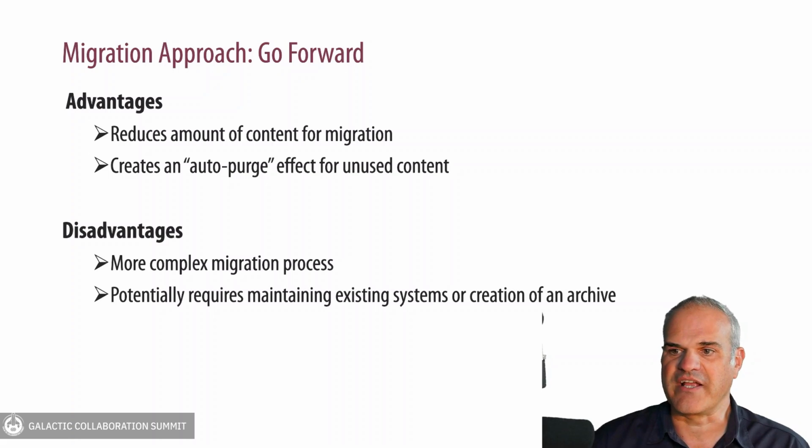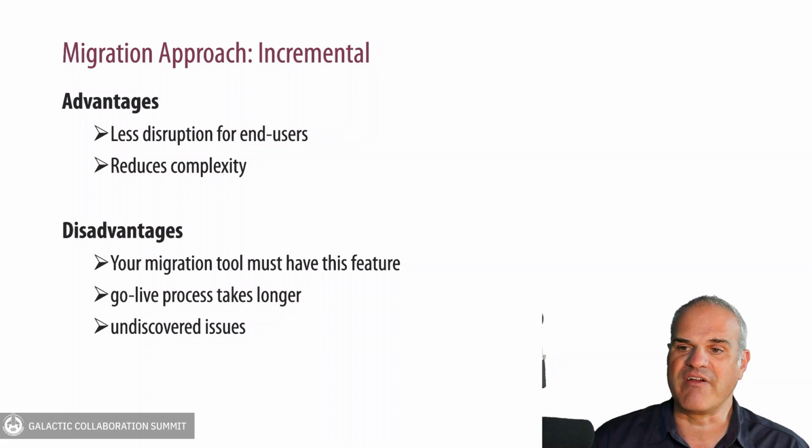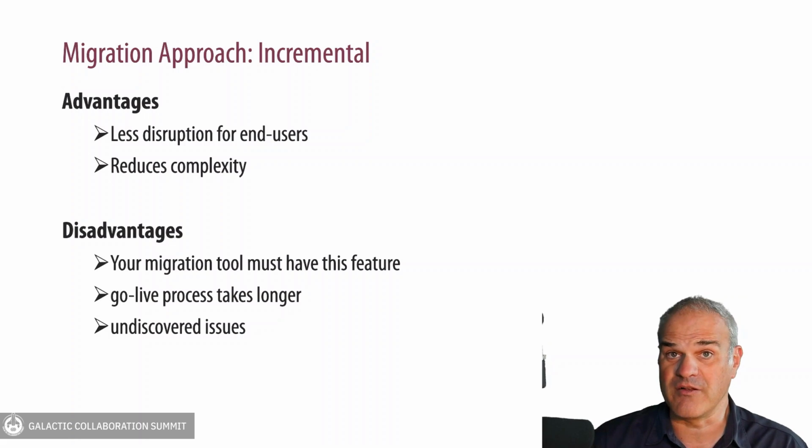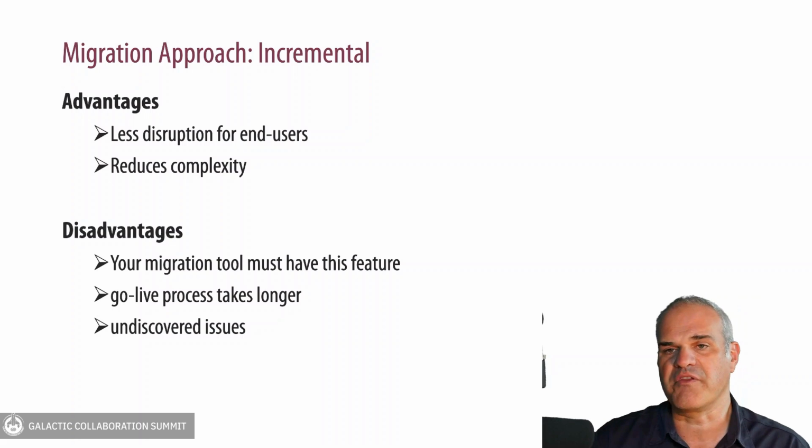Other approaches would be like go forward, where you just reduce the amount of size and you would just migrate the pure files and nothing more, and you would just scope out a lot of complex topics. And then there is a very popular approach called incremental migration. This is reducing complexity because the end users can still work on the source tenant, but also on the target tenant.